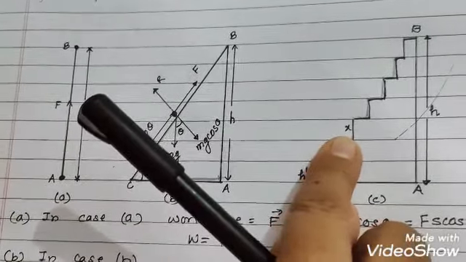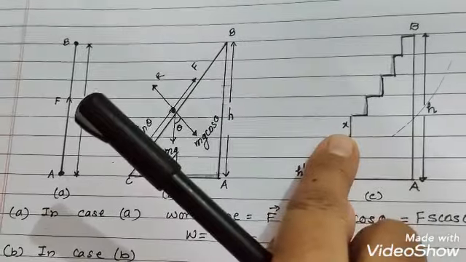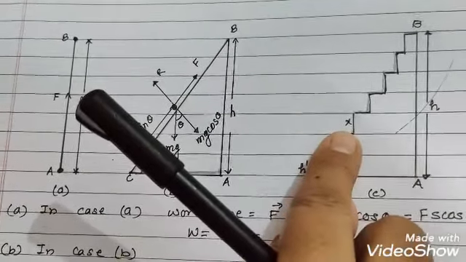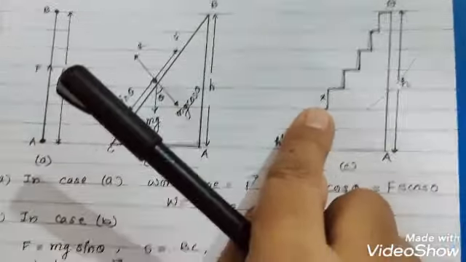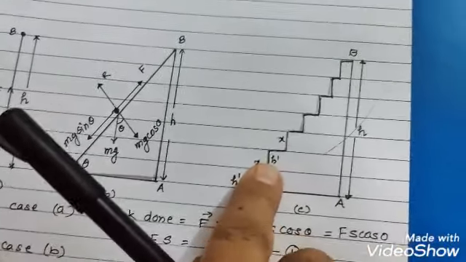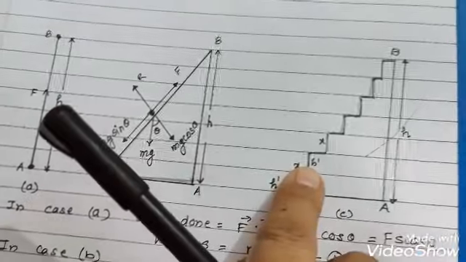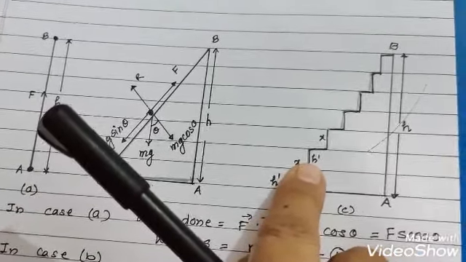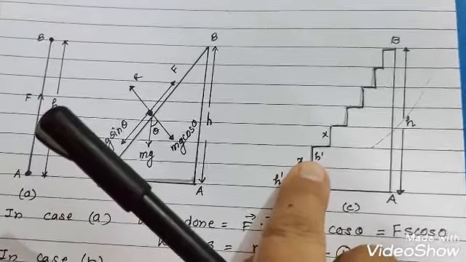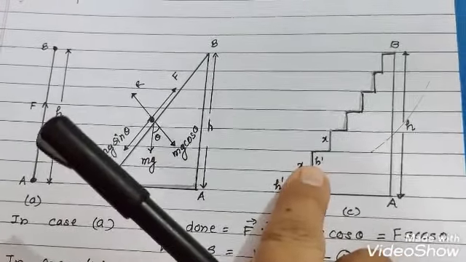In all three cases you will find the same work done, that is equal to mgh. So we can say the gravitational force is a conservative force. It doesn't depend on the path in which the object is moving. It depends only on the initial position and the final position.